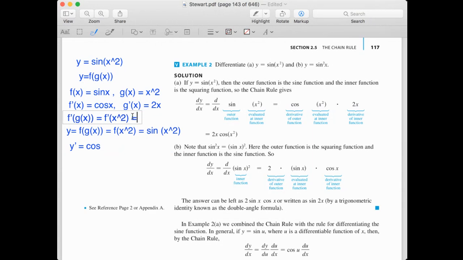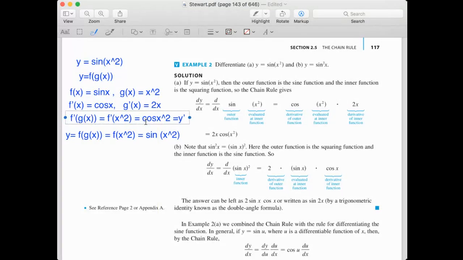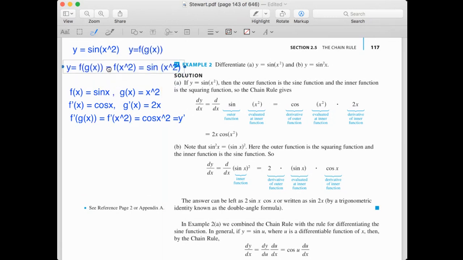Then what's f prime? f prime is cosine. The cosine of x squared, right? And that's it. We don't have to write this step. Okay, so let me put this over here. That's how we think about the composition of functions.